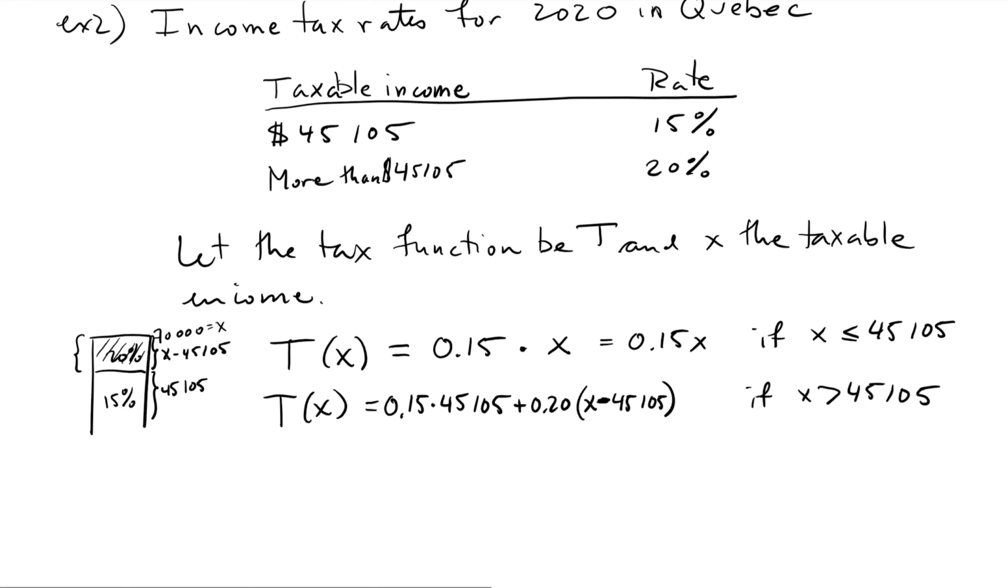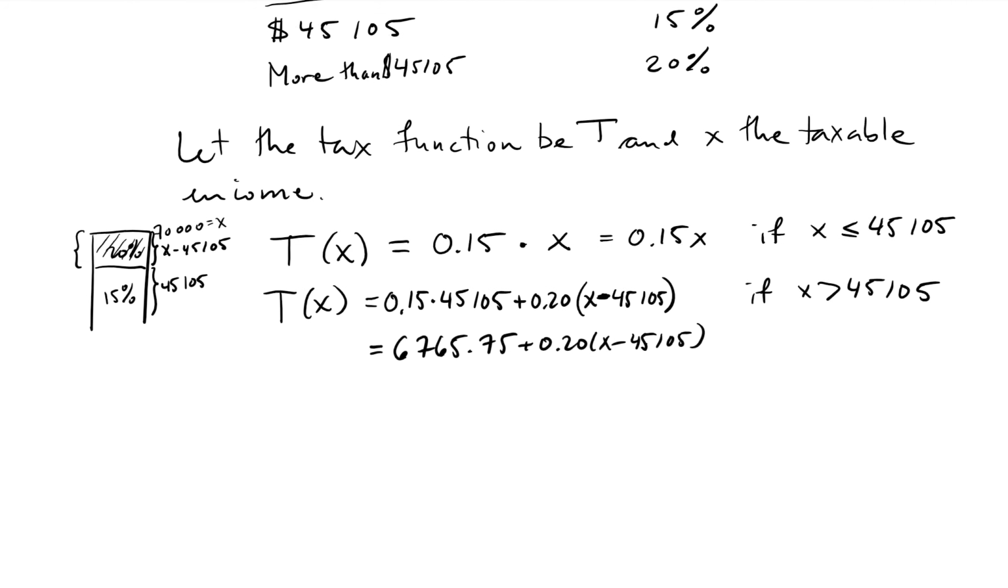We can at least calculate the first term, 0.15 of 45,105. That gives us $6,765.75. I'm going to keep the remaining portion like this. If you're using software to produce your tax return, it's going to actually calculate this. So the software uses that function somewhere. Someone has to program that into the system.